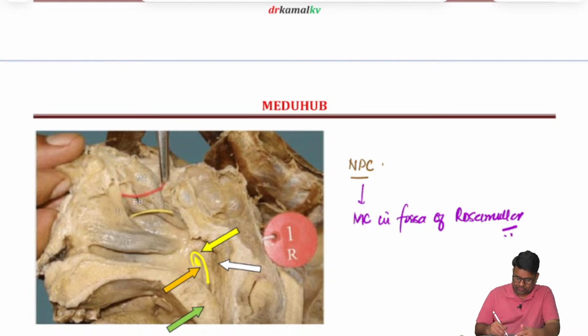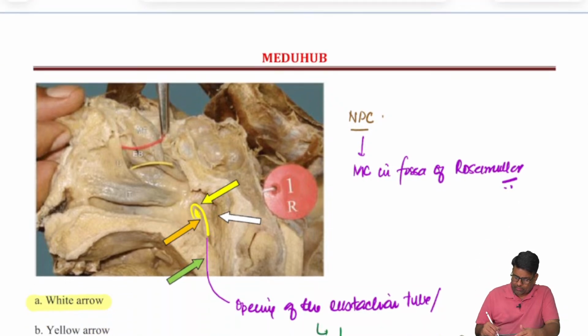So this is the eustachian tube, which is also known as the pharyngotympanic tube, which connects the middle ear with the nasopharynx.